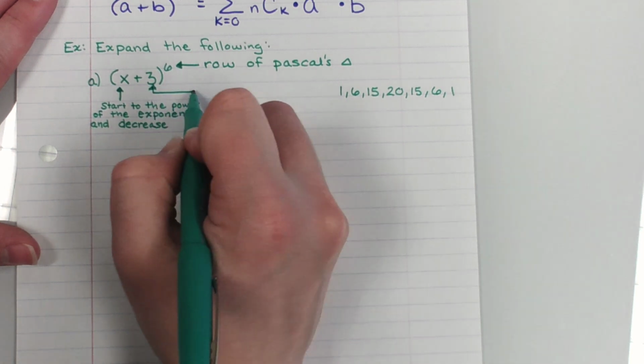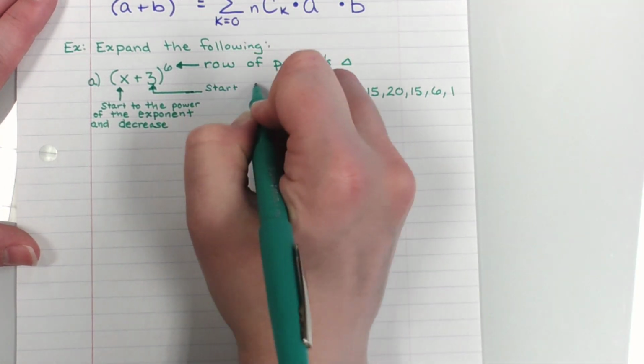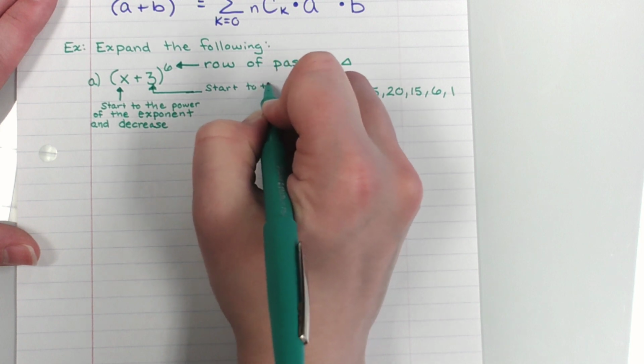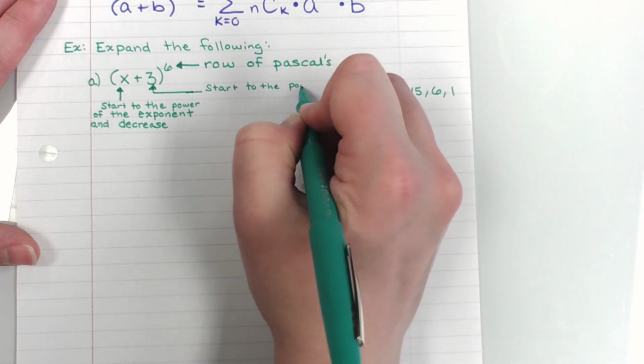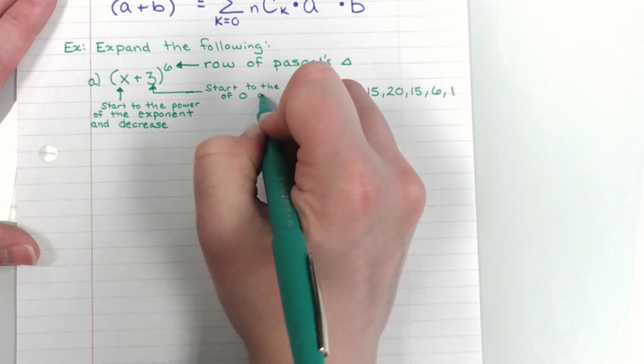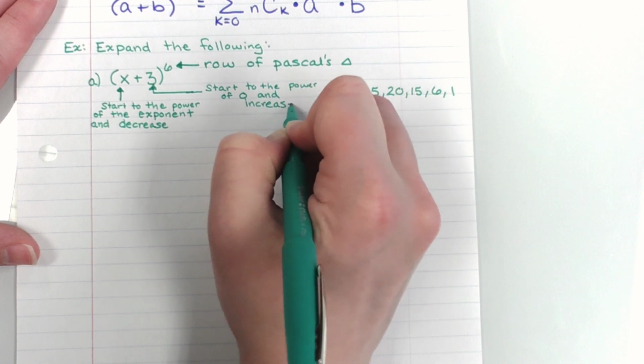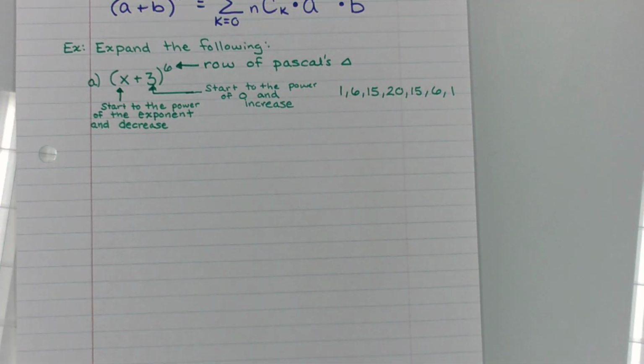The second term, on the other hand, is going to start to the power of 0 and increase. Now you're going to want a calculator. If you don't have one, you should probably grab one.